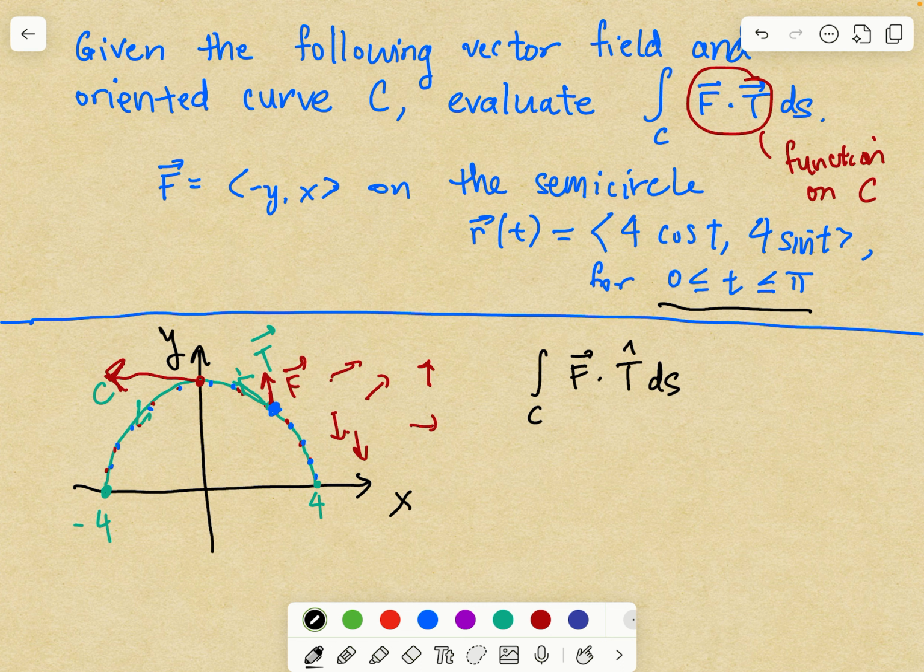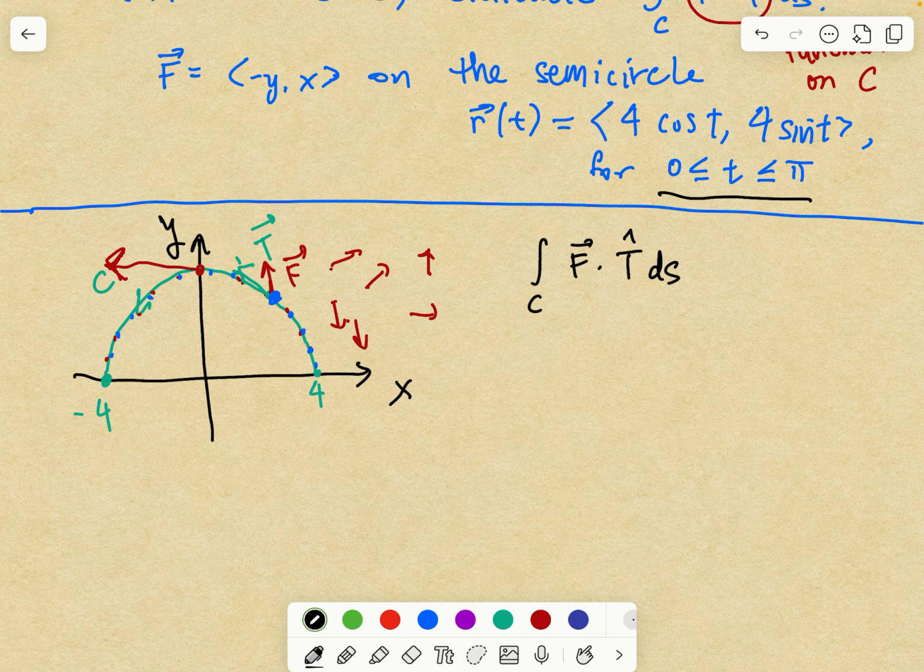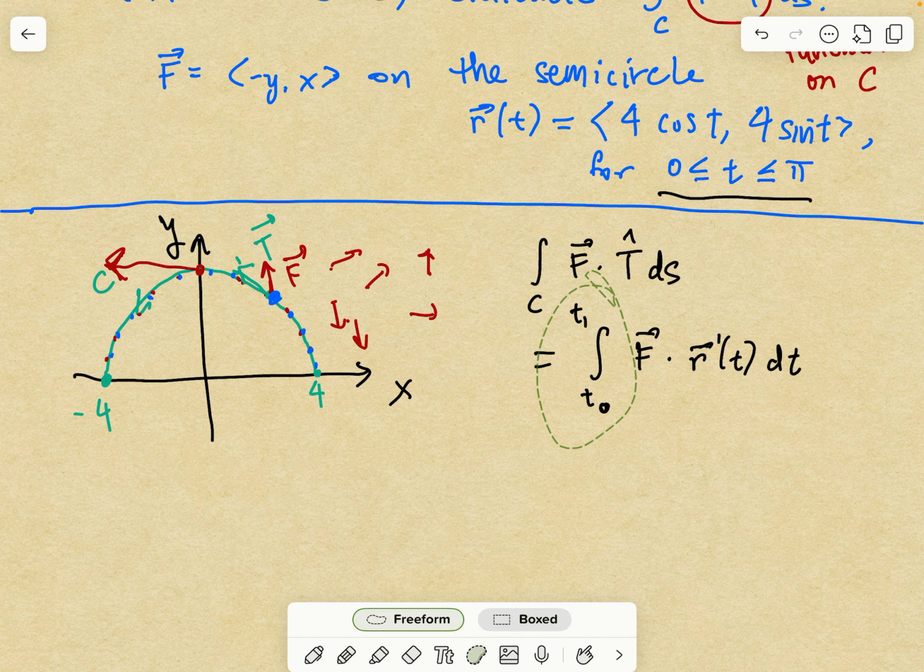When you have a parameterization of C, from t0 to t1, your starting t and your ending t, this integral is equal to the integral of F dot r prime of t dt. So this is an ordinary Calc 1 integral. You're integrating from, say, 1 to 2 or something, and you have this function of t.